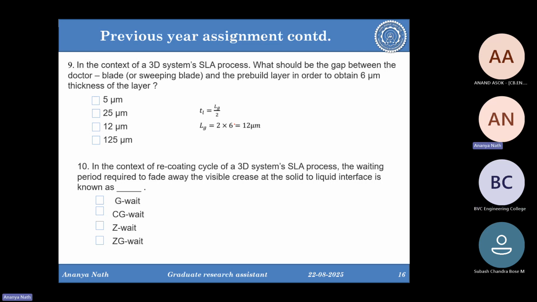This is the thing we are maintaining, and this is the ultimate result. So the gap between the doctor blade and the pre-built layer in order to obtain 6 micron. So this is 6 micron because this is the layer thickness.